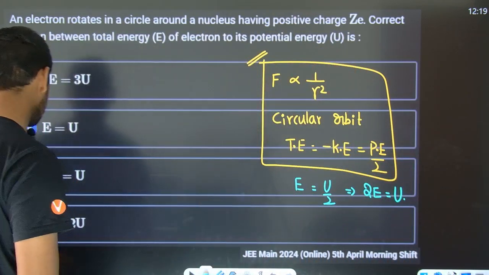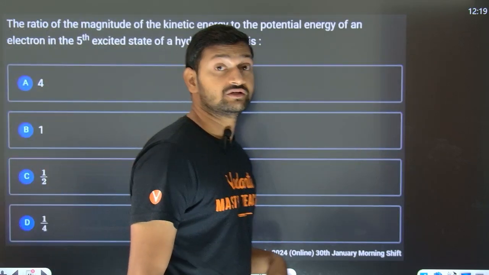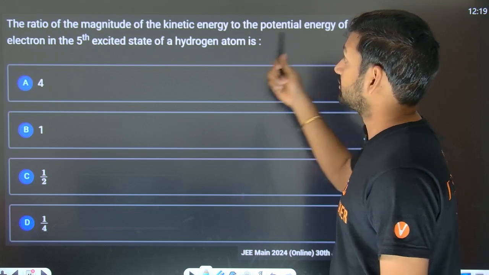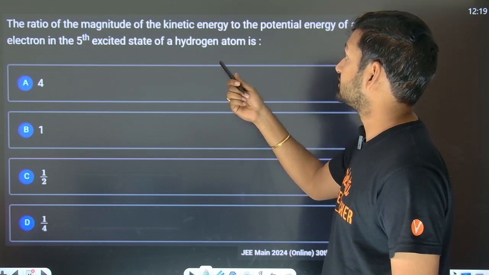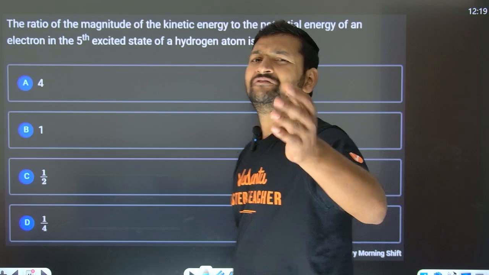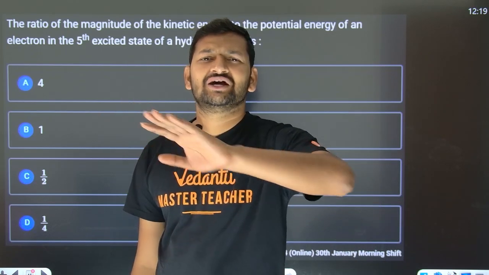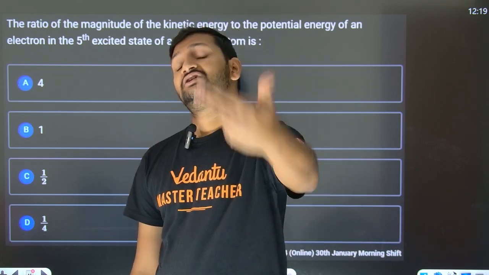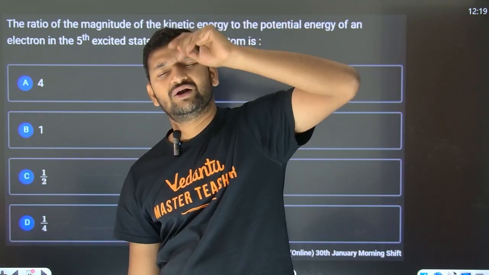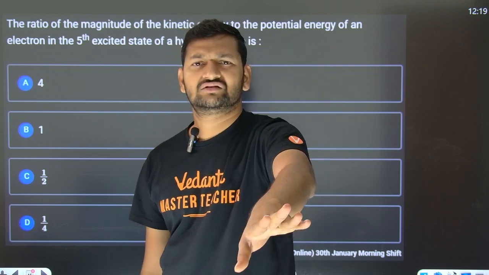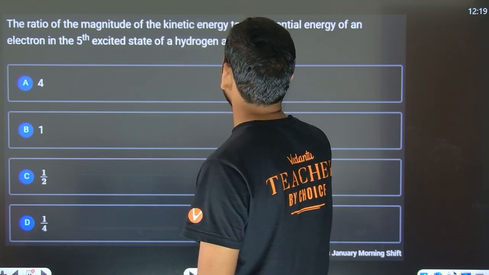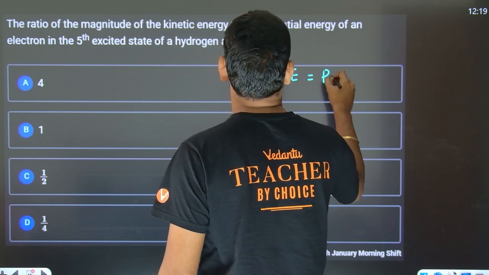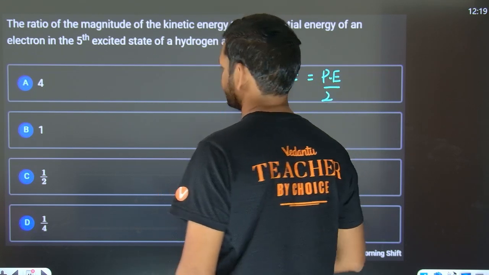Next, the ratio of the magnitude of kinetic energy to the potential energy of an electron in the fifth excited state of hydrogen. Fifth excited state has been given just to confuse you. Whether it is fifth, sixth, 10th, or infinite, whatever it is, the total energy is minus of kinetic energy, which is half of potential energy.